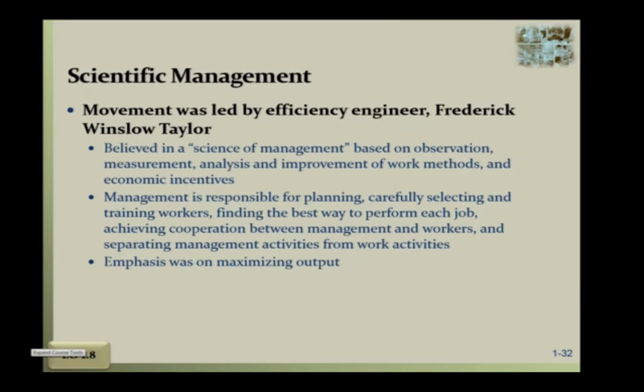So he said that management is responsible for planning and selecting, training workers, and finding the best way to perform each job. And the worker's job is just to do the execution of the work. So the emphasis was on maximizing output. If you have time, take a look at Frederick Winslow Taylor and how much his contribution is to operations management.